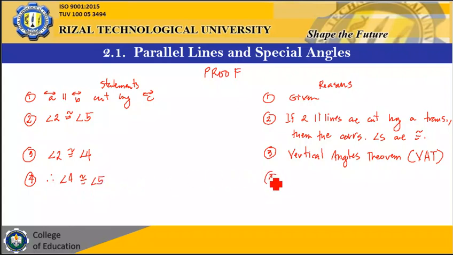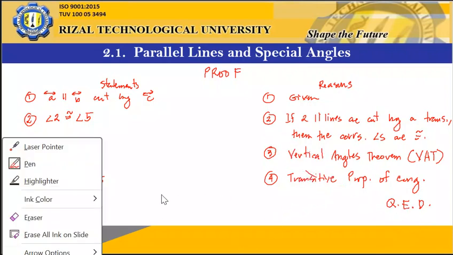And the reason to that is the transitive property of congruency. And that ends our proof. So QED. Do not forget to include the word QED because that means that we are already ending our proof.